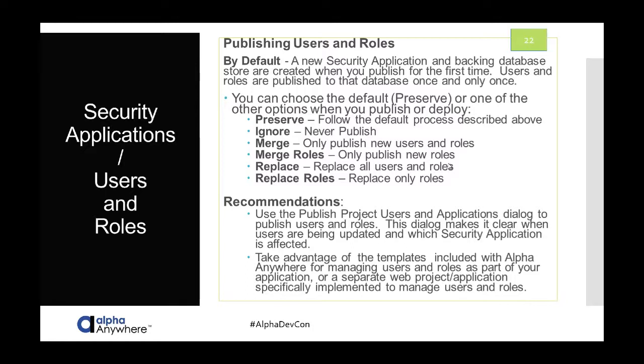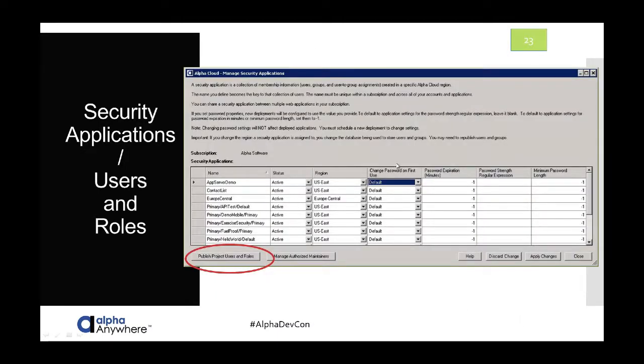In the future, we're going to be removing replace and replace roles from the publish dialogues and the deployment dialogues simply as a precaution. The only place you'll be able to do a replace or replace roles will be in the publish project users and applications dialog that's available off of the security application dialog. Now here's how you get to it.